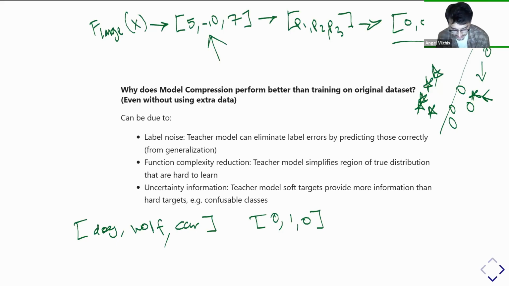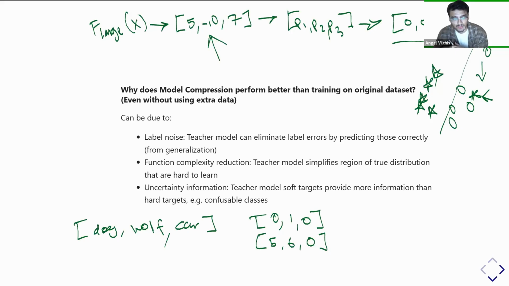But what the large model would do with the raw scores is it would show more of the classes that are similar and confusable. So, for example, maybe this would be a 5 for the dog, and a 6 that it's a wolf, and then still like a 0 or a negative value that it's a car. Basically, with the raw scores, the dog and the wolf are close.